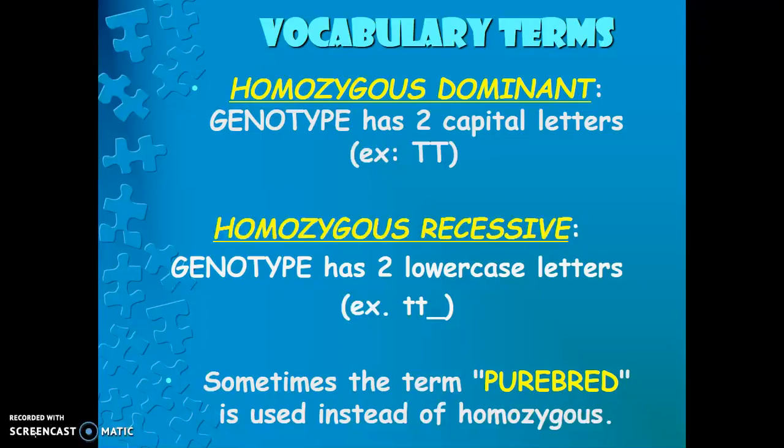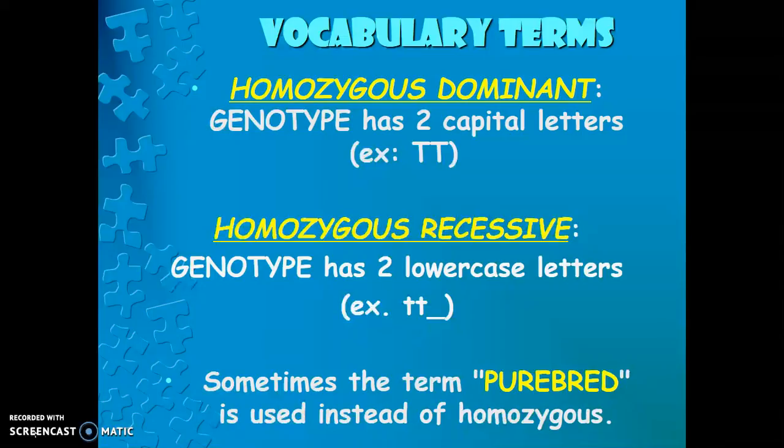If you have two letters the same, you are called homozygous because homo means the same and zygous is referring to that first individual zygote cell. So homozygous means the same. There's two ways that you can be homozygous.